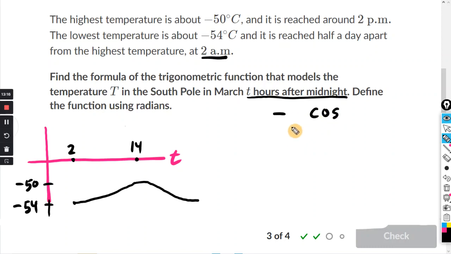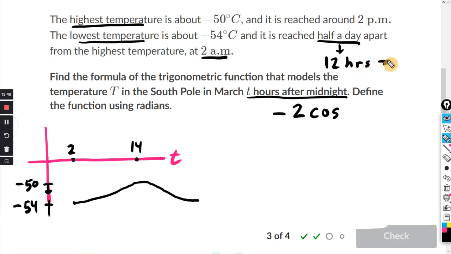Now for the amplitude in the front, it's halfway between the minimum and the maximum. So clearly 54 minus 50 is 4 units. Divided by 2, that's just going to be a 2. All right. And the period is a full day. How do I know that? Because the highest temp and the lowest temp is a half a day apart. A half a day is 12 hours.